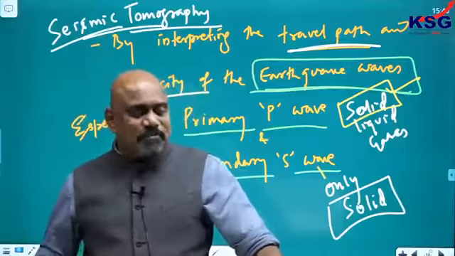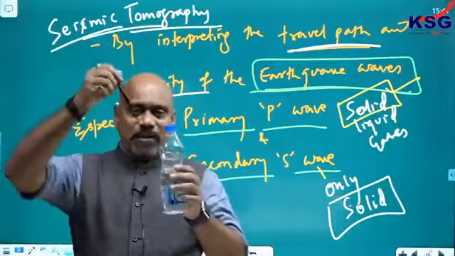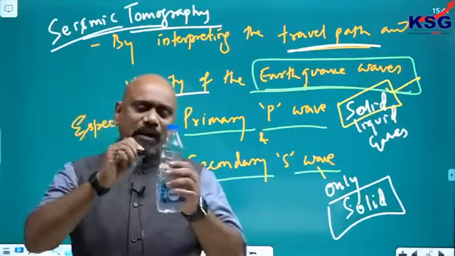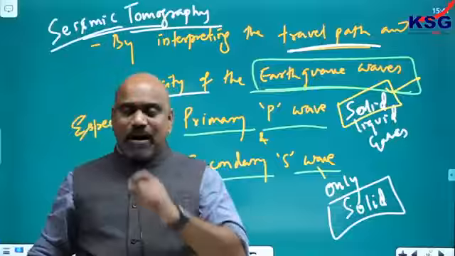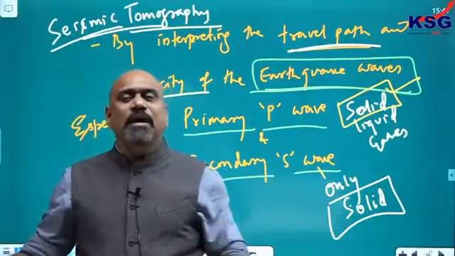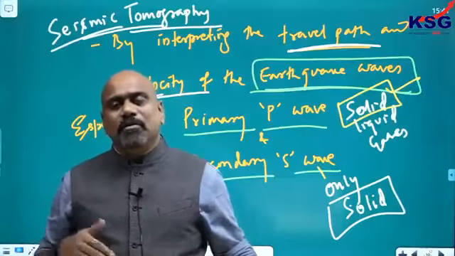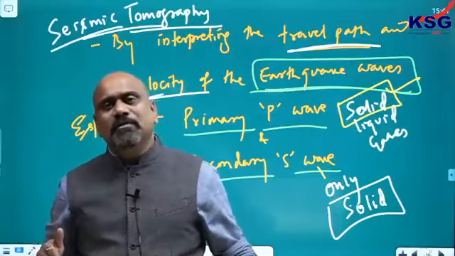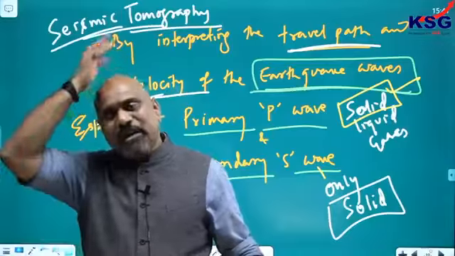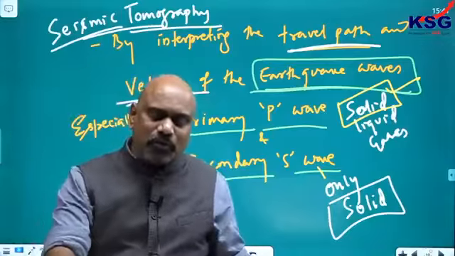You can also observe somewhere refraction is there. Refraction kya hai? If I take a glass of water and put this stick into it, you will find it is bent. Why? Because of change in the medium. Same way, while the wave travels from denser to lighter medium or lighter to denser medium, it refracts. Refraction may lead to change in the path, and you get to know about the earth interior.